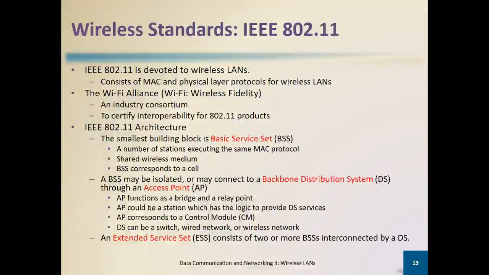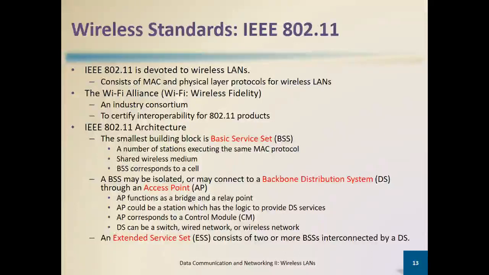A typical basic service set may be isolated or may connect to a backbone distribution system through an access point, and the job of that is basically to create a bridge.